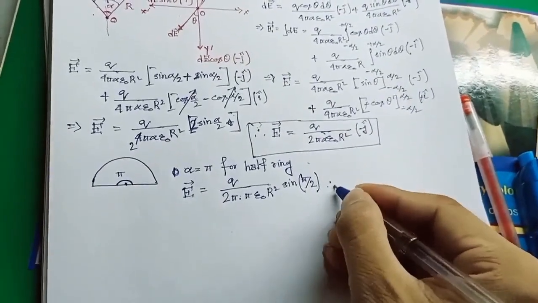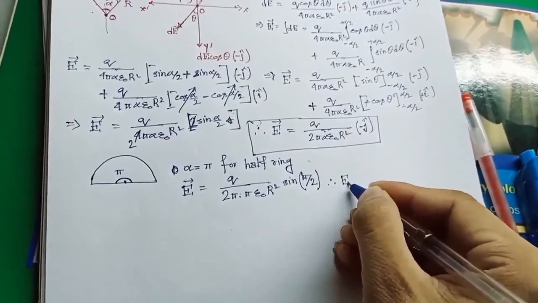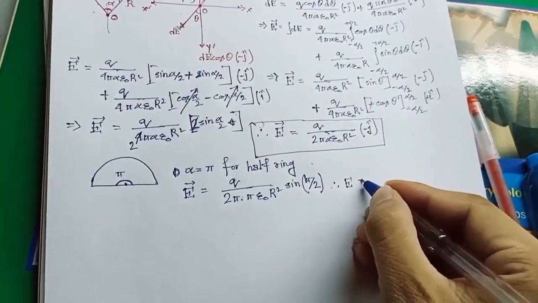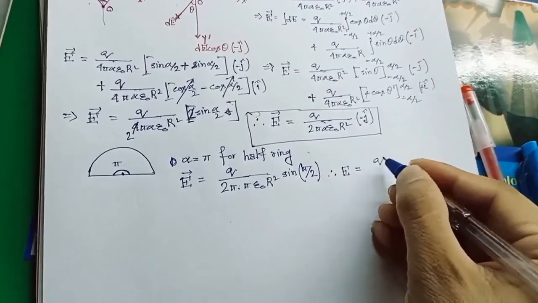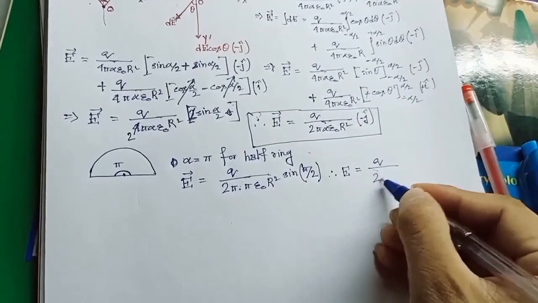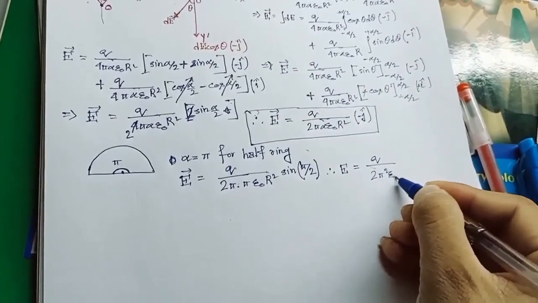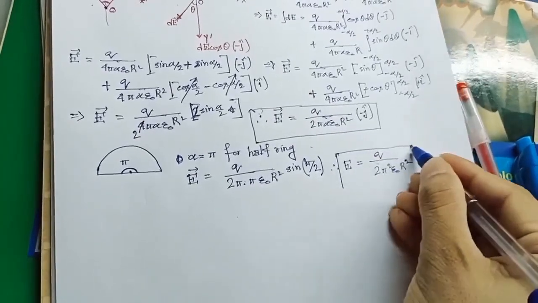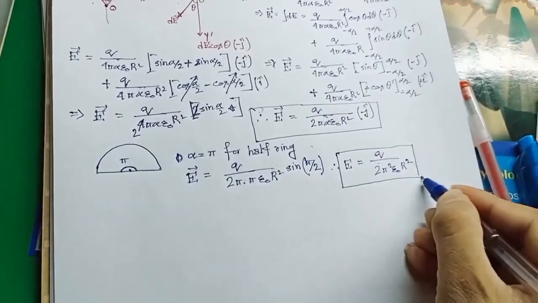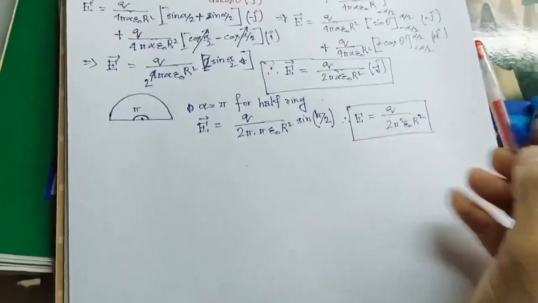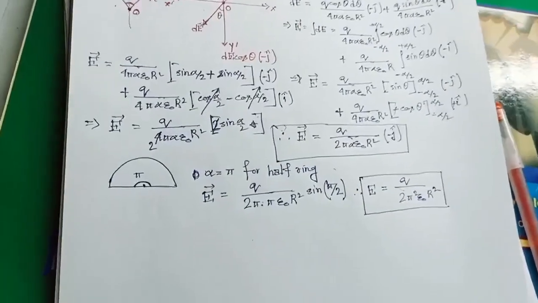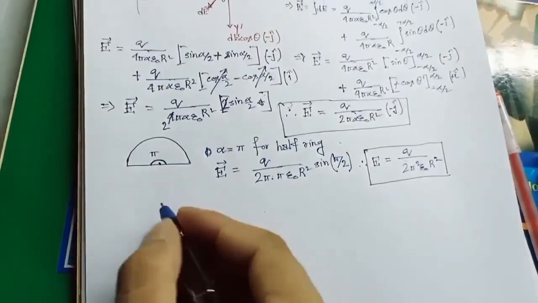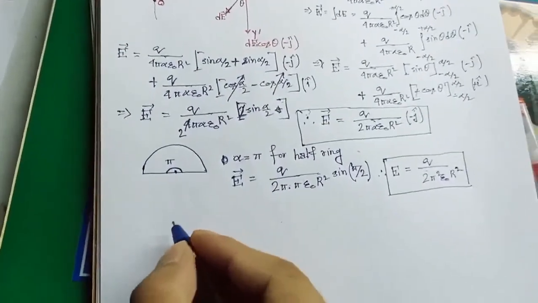So we can write the electric field for a semicircle or half ring will be equal to q divided by 2 pi square epsilon naught r square. This is our required value for finding the electric field at the center of a half ring.